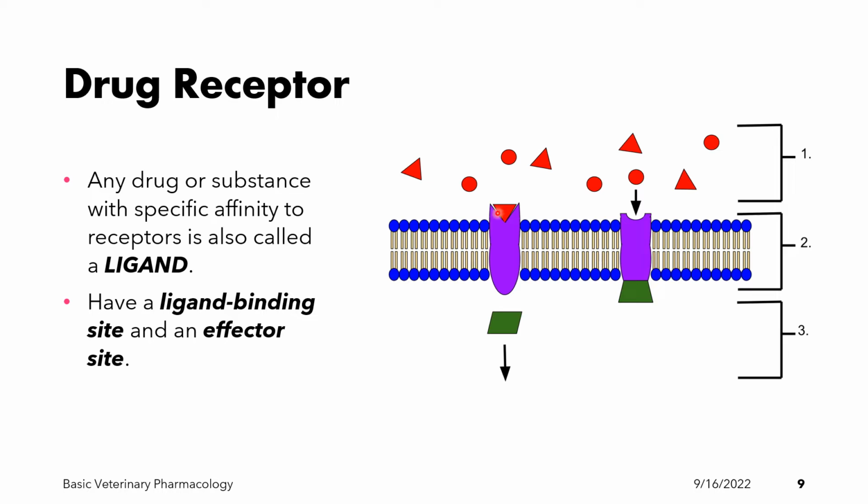When the drug, for example, as a ligand binds to its receptor, the drug-receptor complex will form and the drug action will be exhibited. Upon binding, that is the time that the receptor will be activated, forming the cascade of events that will eventually lead to the formation of the drug effect.